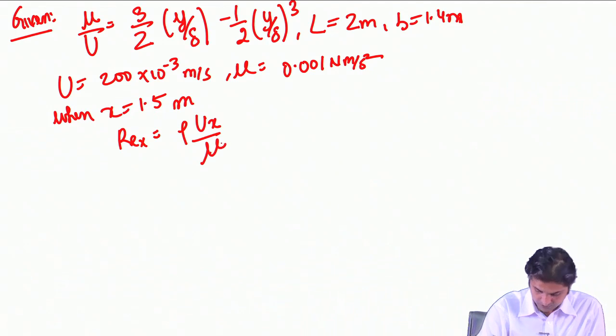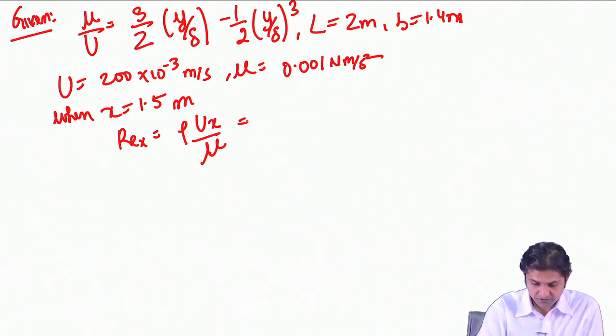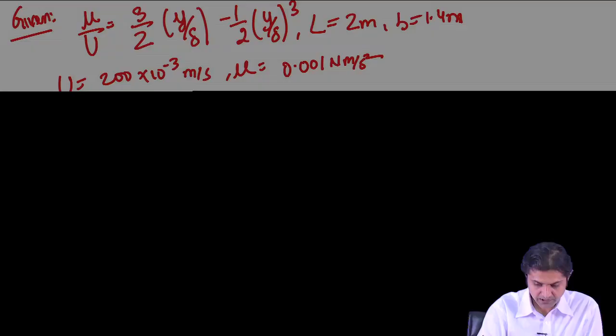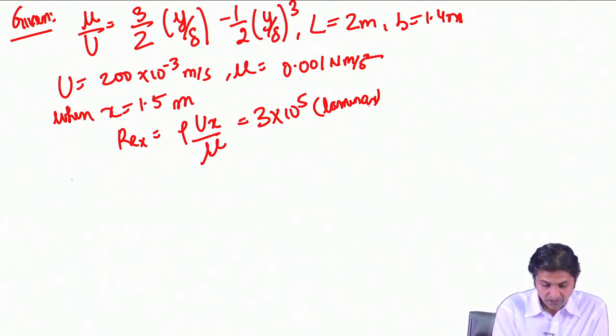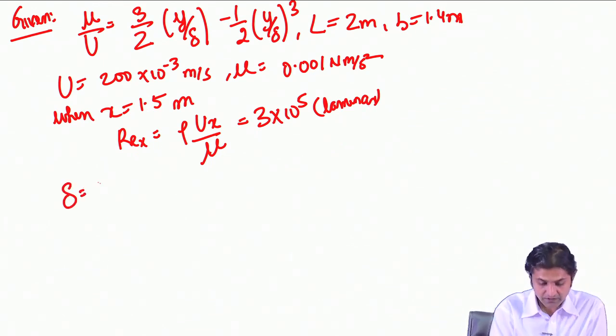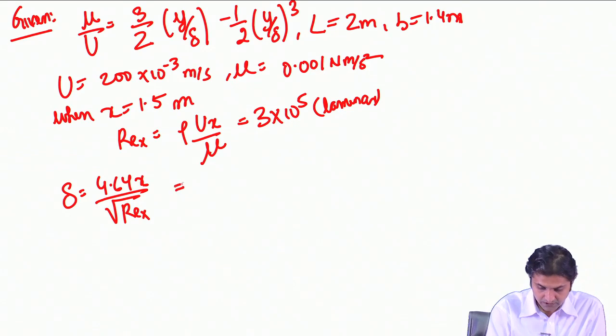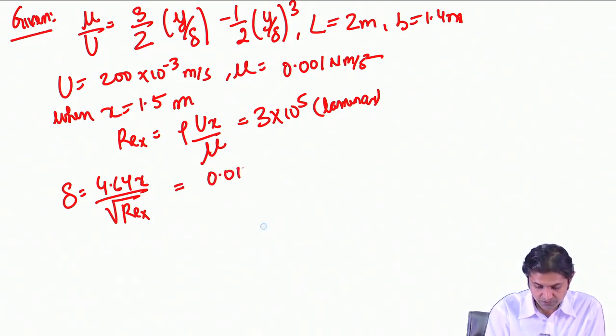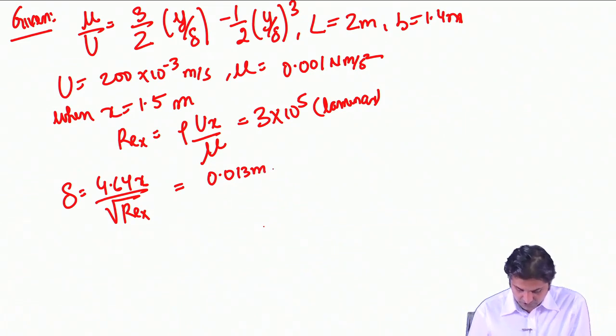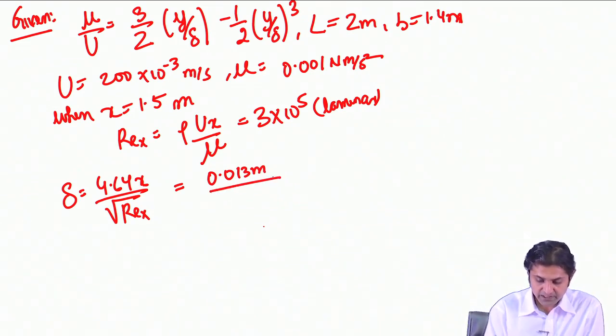After you substitute all these values, it will come to 3 into 10 to the power 5, so it is laminar. For the laminar boundary layer, delta we know is 4.64x under root Re at x, and after substituting x and Re, we get 0.013 meter. This is the boundary layer thickness.